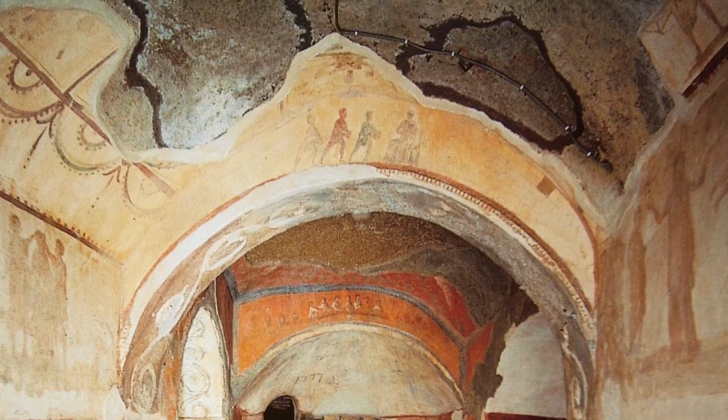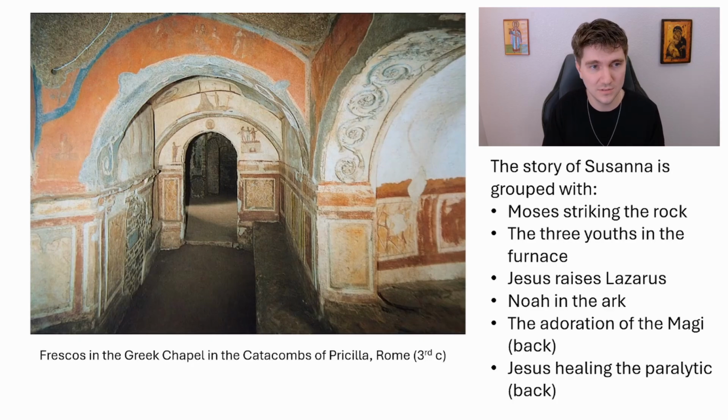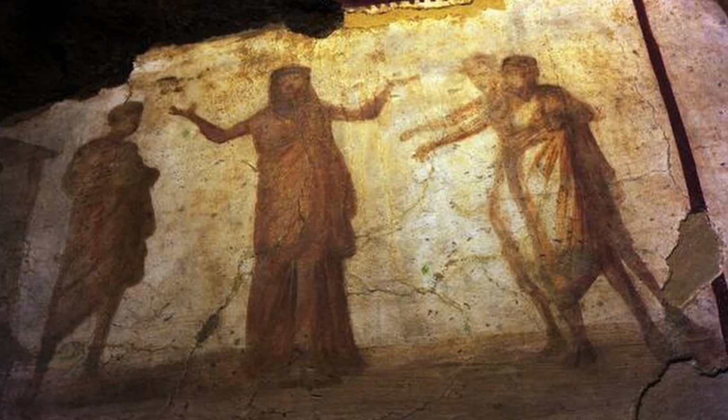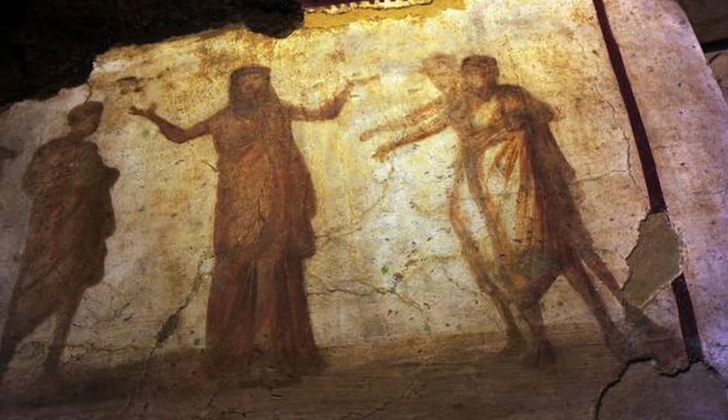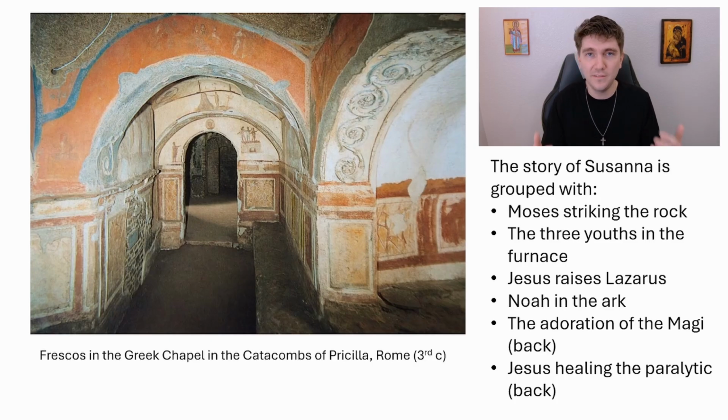And in this room are scenes from the cycle of Susanna on the same walls in the same room, presented as biblical stories. So again, this is evidence that the early Christians saw these as real biblical stories and placed them alongside other biblical stories.